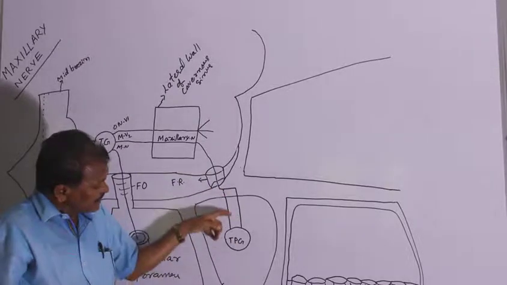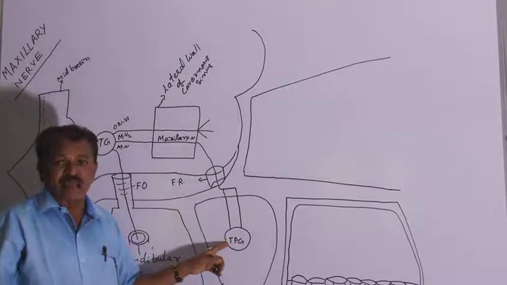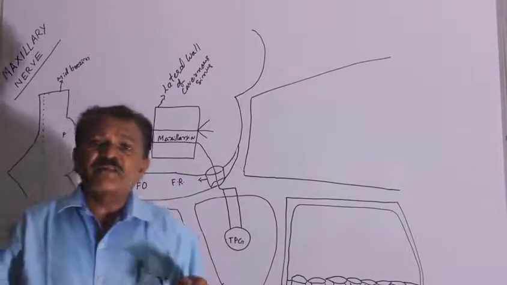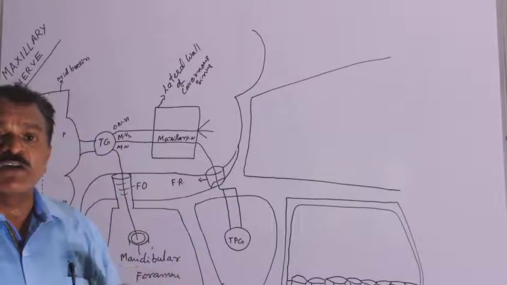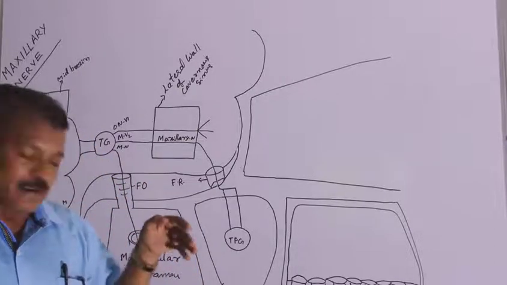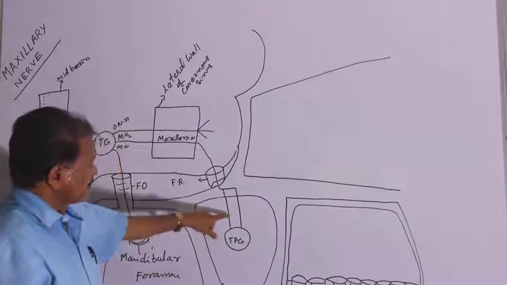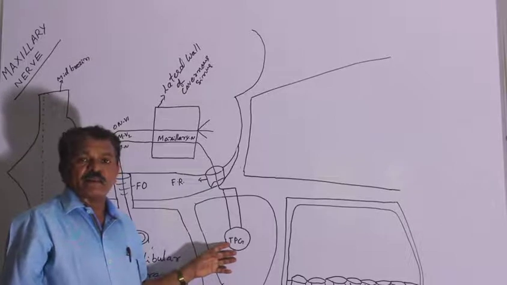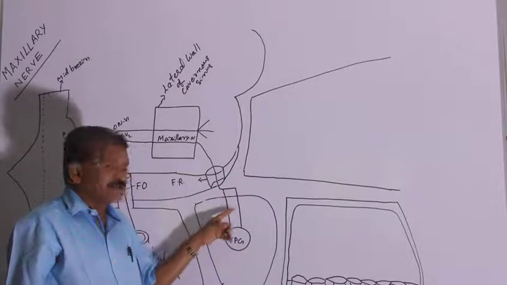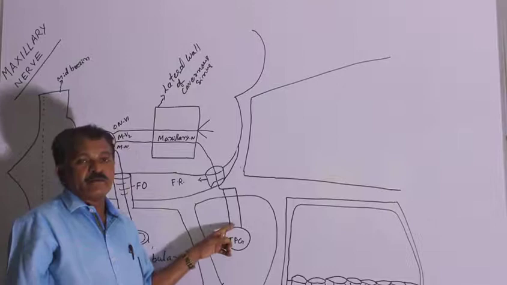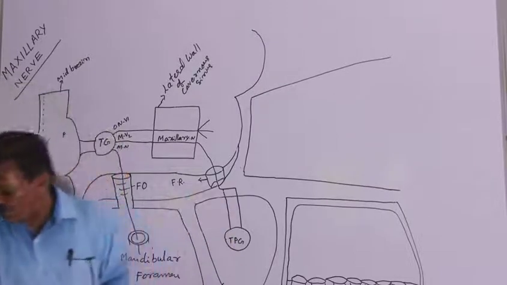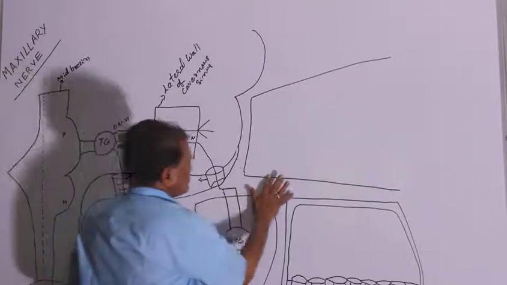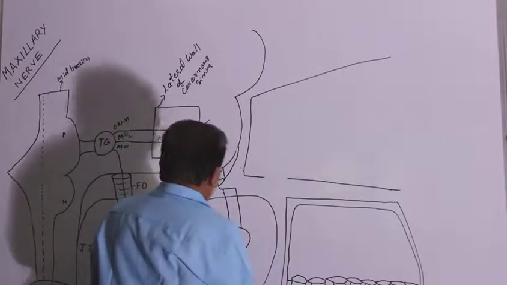The ganglionic branches reach the pterygopalatine ganglion and carry sensory fibers, meaning the sensation is carried by these ganglionic fibers to the pterygopalatine ganglion, which gets its sensory input from the maxillary nerve.